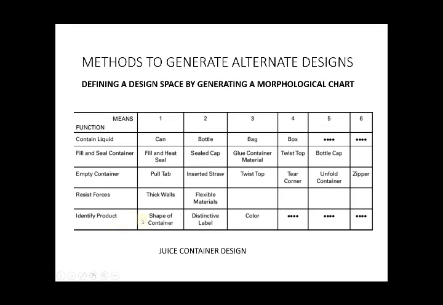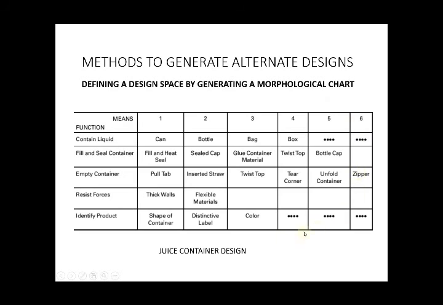Then how to identify the product? By either shape of container or using label or color, etc. So these are the different options. To the right hand side you can see these are the different means for the functions that the juice container should make use of.